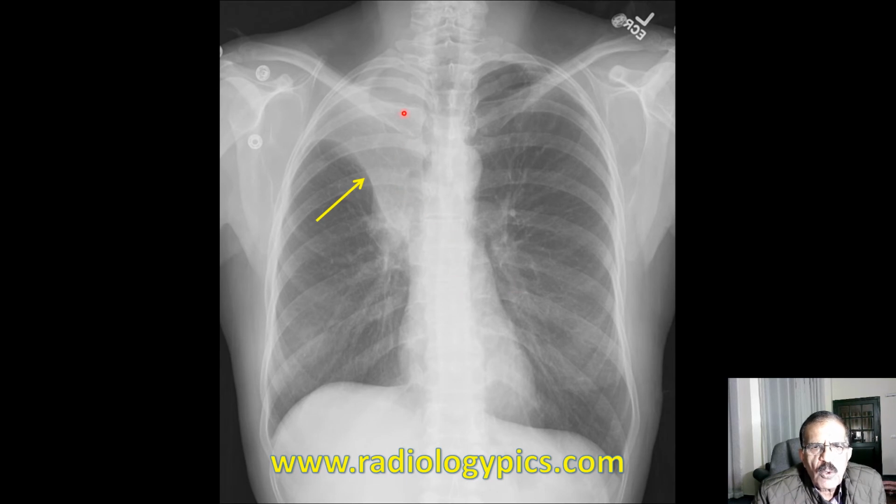This is another opacity. The first look might suggest this is pneumonia, but see that this is the fissure. At the lower border, if this is the upper lobe, the lower border should be straight like this, because that is how the normal transverse fissure is.